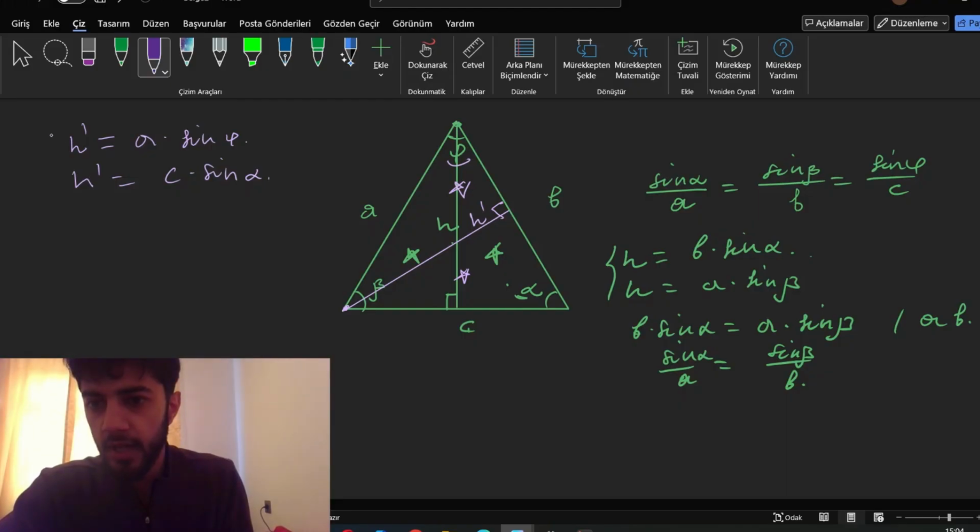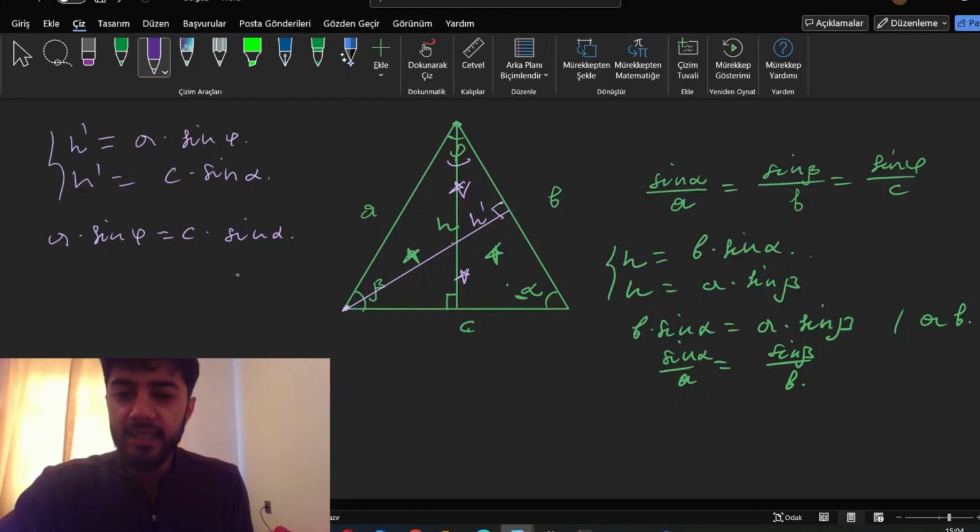So as we can see here, they're the same. So a times sine phi is equal to c times sine alpha, and divide both sides by ac. We get just sine phi divided by c is equal to sine alpha divided by a.